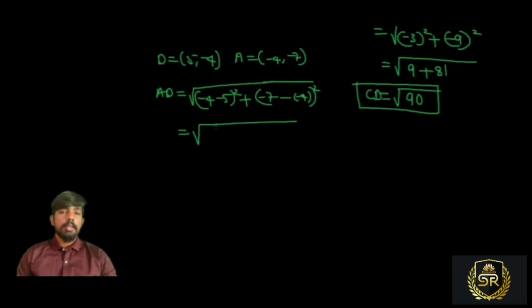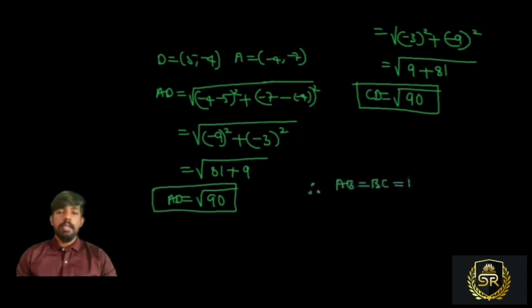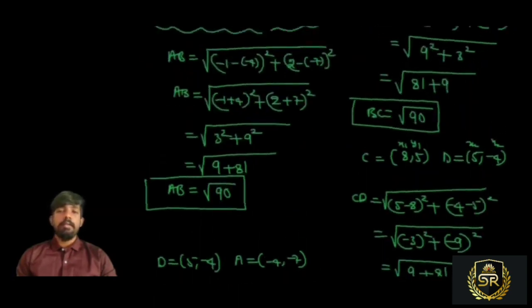Minus 4 minus 5 is minus 9 whole square, plus minus 7 plus 4 is minus 3 whole square. 9 nines are 81, plus 3 threes are 9. Root over 90 you will get. AD is also root over 90. Therefore AB equals BC equals CD equals DA, all distances are equal. Now find the diagonals.